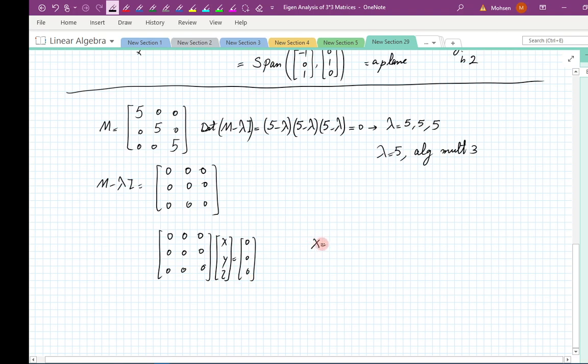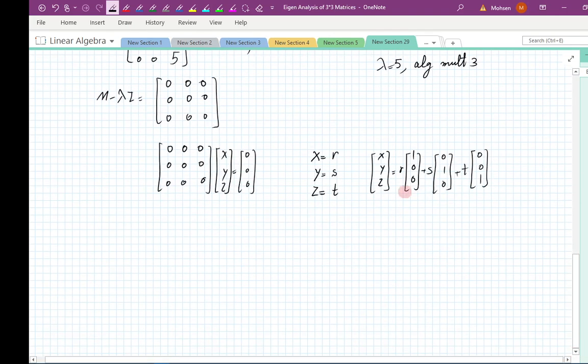It means x is some parameter, y is some parameter, z is some parameter. So x, y, z, just like last time, you can write it as r times 1, 0, 0, s times 0, 1, 0, and t times 0, 0, 1.